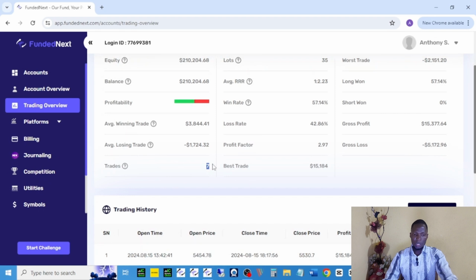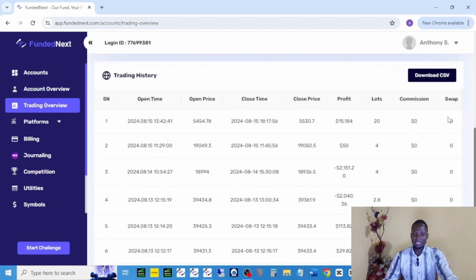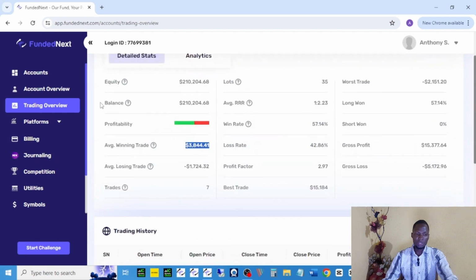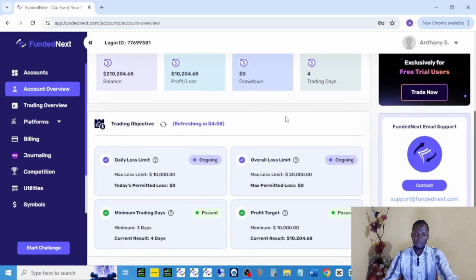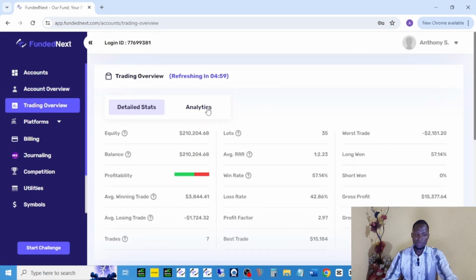And I took 7 trades. The average losing trade is about $1,700, while the average winning trade is about $3,844. These are the trades that I took on this account. These are the details. I think this is all you need.